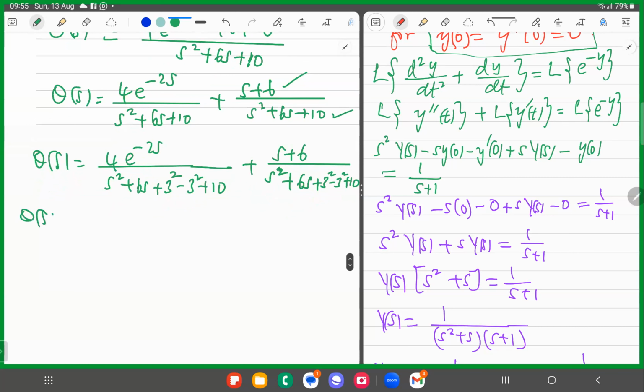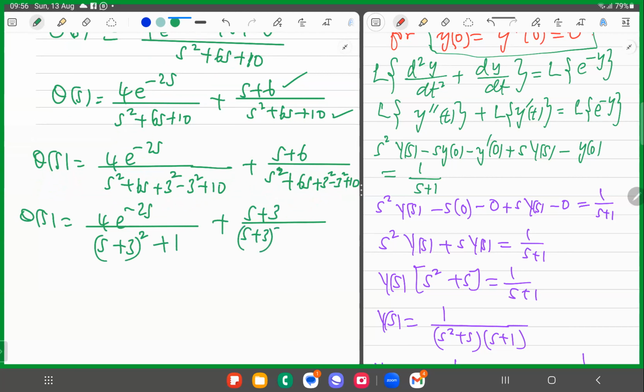So which means theta of s is 4e to that. Okay, the same as what is on the right, but we're doing a different problem. So this is s plus 3 squared. 10 minus 9 is 1. And then here we have s plus 3 over s plus 3 plus 1.